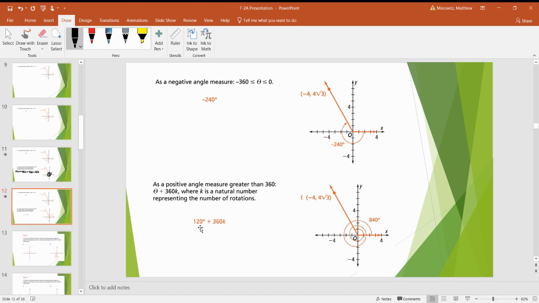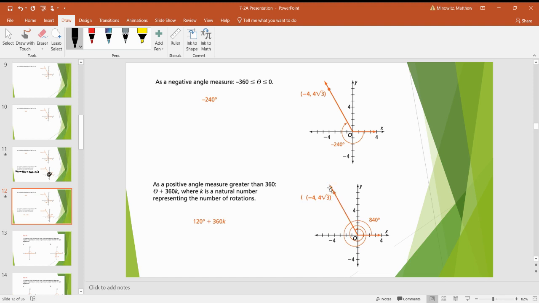We represent this by saying it's 120 degrees plus 360k, where k is an integer. As a positive angle, k has to be a positive or a natural number. But k can also be negative if I want to spin backwards. So there's an infinite amount of angles that have the same standard position.